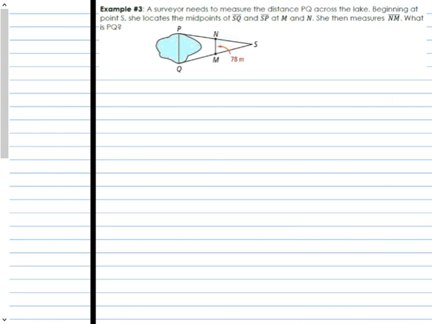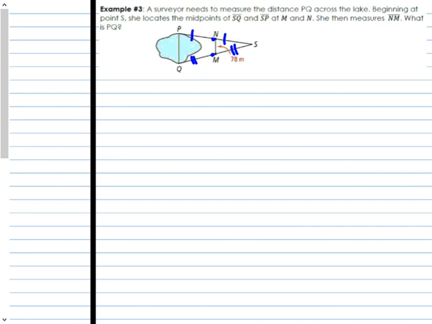So a survey, let's do example 3. A surveyor needs to measure the distance PQ across the lake. Beginning at point S, she locates the midpoints of SQ and SP at M and N. She then measures NM. What is PQ? So since we know that this is the midpoint, okay, cut it in half. So we know that the midsegment is half of the side that it's parallel to.